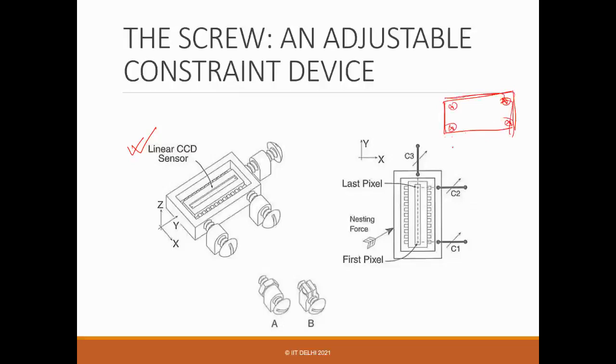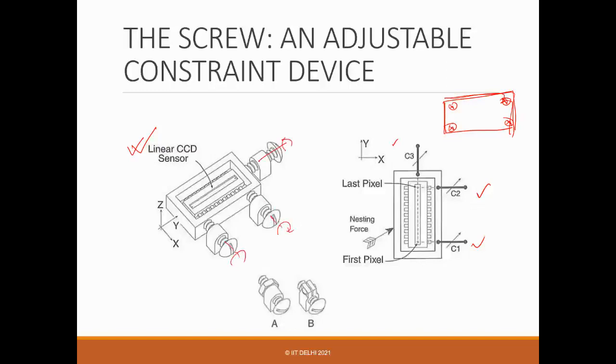Suppose I'm talking about micrometers now, you cannot do that. So the best way is, in a plane, suppose you have a surface, you place this linear CCD sensor and then you start adjusting with C1, C2, C3. And this is the embodiment. So when you start rotating these screws, actually you are adjusting it.